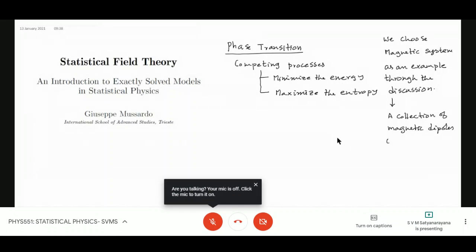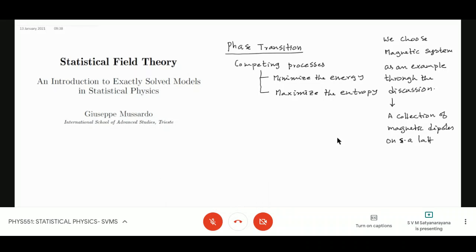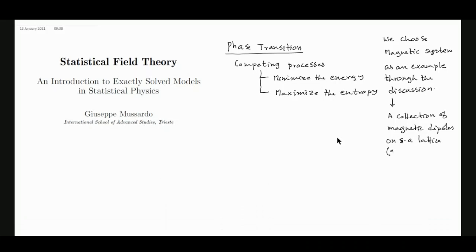And since we are studying a solid on a lattice, that is what we are interested in, solid state. Thus the material is made up of a solid, and hence this collection of magnetic dipoles.